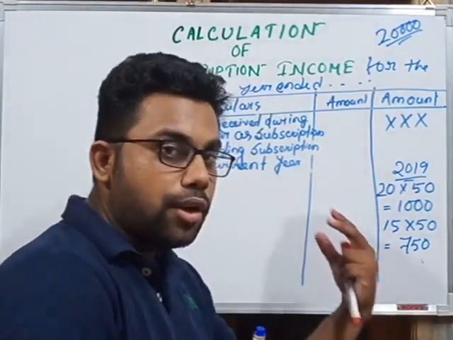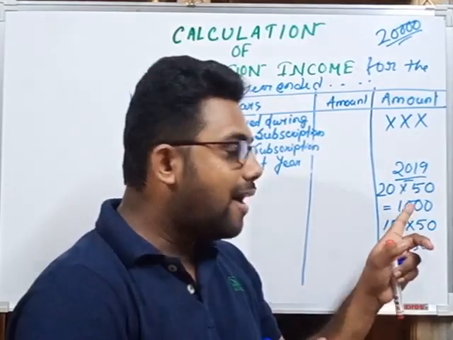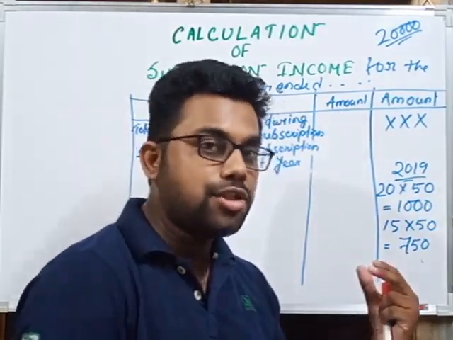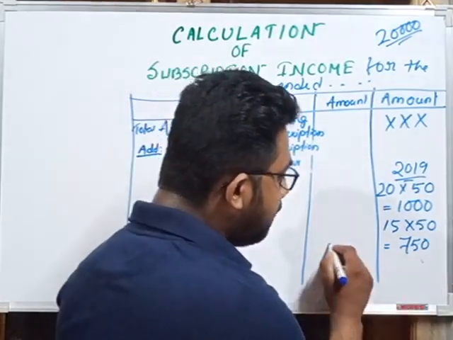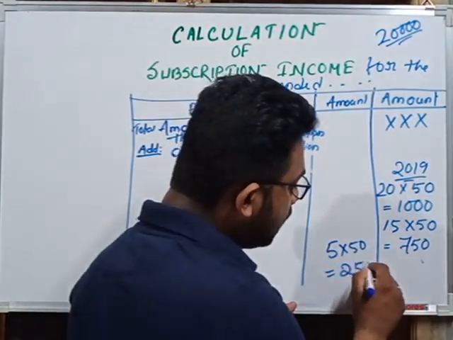So we have to receive a total of 1000, but 5 members have not paid the subscription amount yet, so it is outstanding. What will be the outstanding for 5 members at the rate of rupees 50? So 250 is the outstanding for the current year.